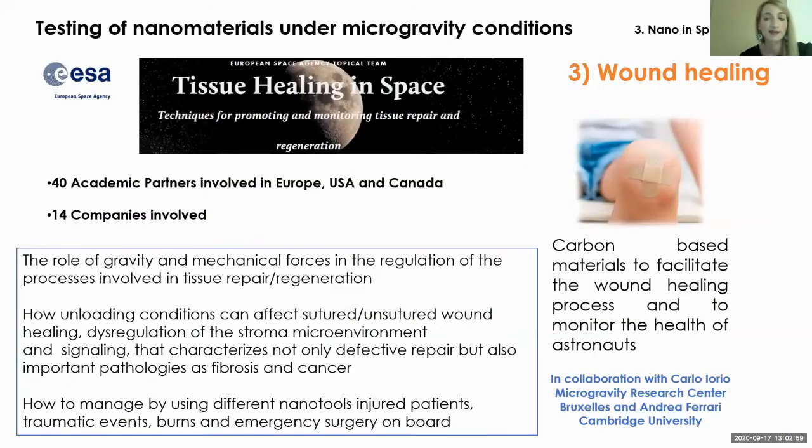And now we just started a project related to wound healing. It is a project that was funded by the European Space Agency. Again, we are using different nanomaterials, in particular in my case graphene, exploring its potential also in the context of space.